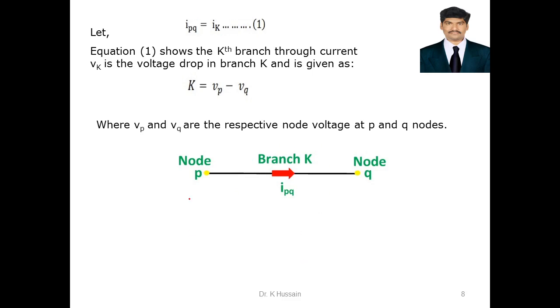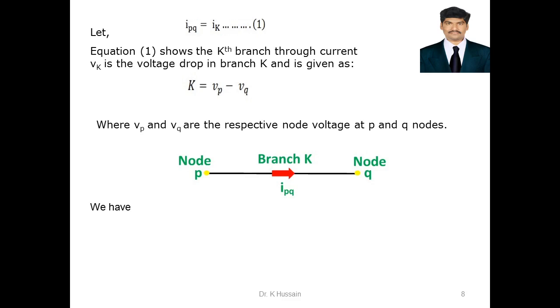That is Vp minus Vq divided by the branch resistance. In this way you have to find it out. We already used it in nodal analysis, the same way: Vp minus Vq by that resistance. So that is the current IPQ.